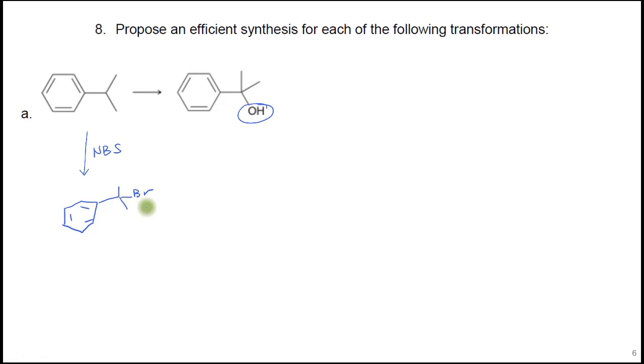And that will give me a Br here. You might be tempted to use NaOH to make that OH there. However, we have a benzylic and tertiary position, so we can't do SN2 here. But we can do an SN1, so we can just add H2O with catalytic acid to get to that compound.